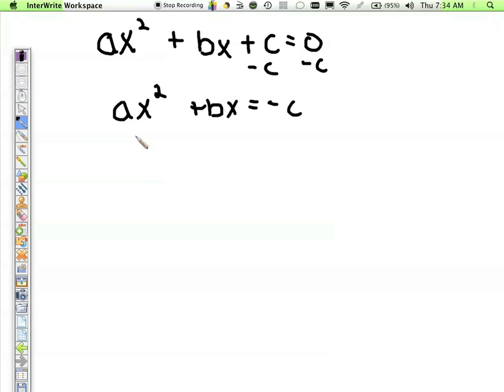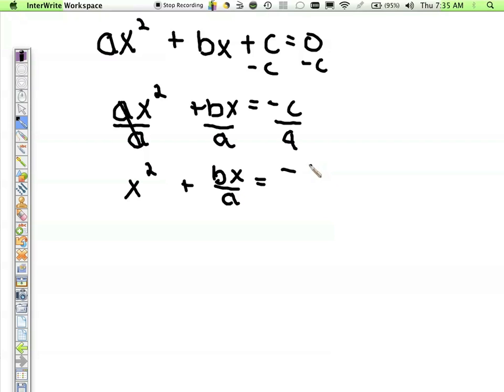So I can't have this a sitting here. To get rid of it, I divide by a, but I need to divide everything by a to maintain equality. These a's cancel out, and what we are left with is x squared plus bx over a equals negative c over a.